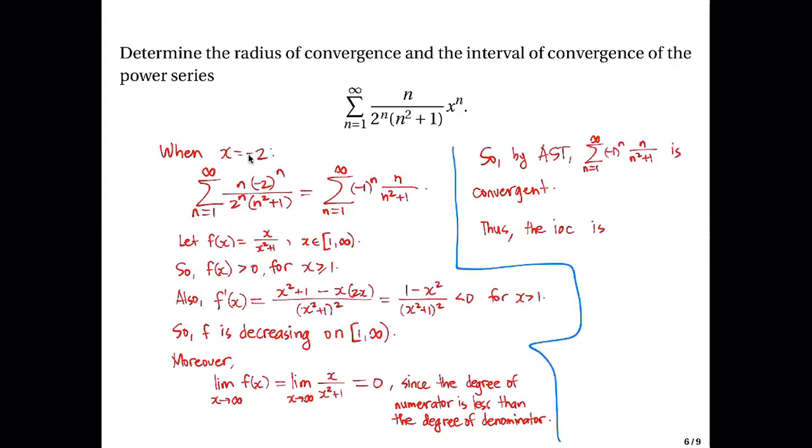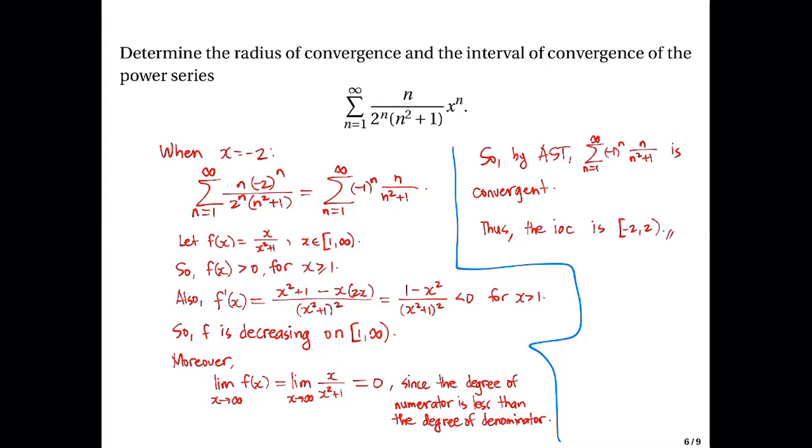And for the -2, the series is convergent. So the IOC is the half interval from -2 up to +2, including -2, but not +2. So this is our interval of convergence. Okay?